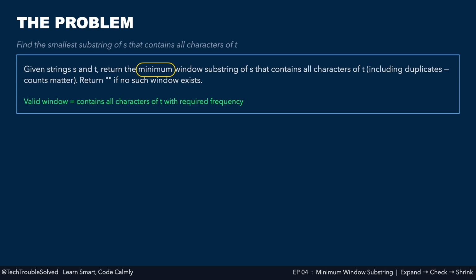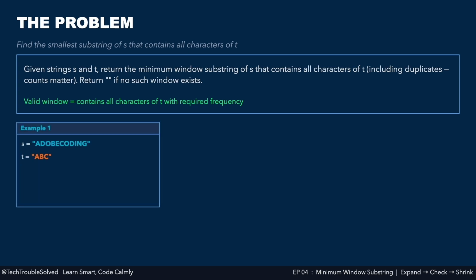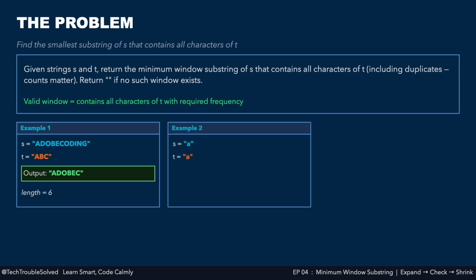Let me show you the three examples on screen and I want you to read them, not just hear them. S equals ADOBECODEBANC. T equals ABC. Answer is ADOBEC. Length 6. S equals A. T equals A. Answer is A. Exact match.